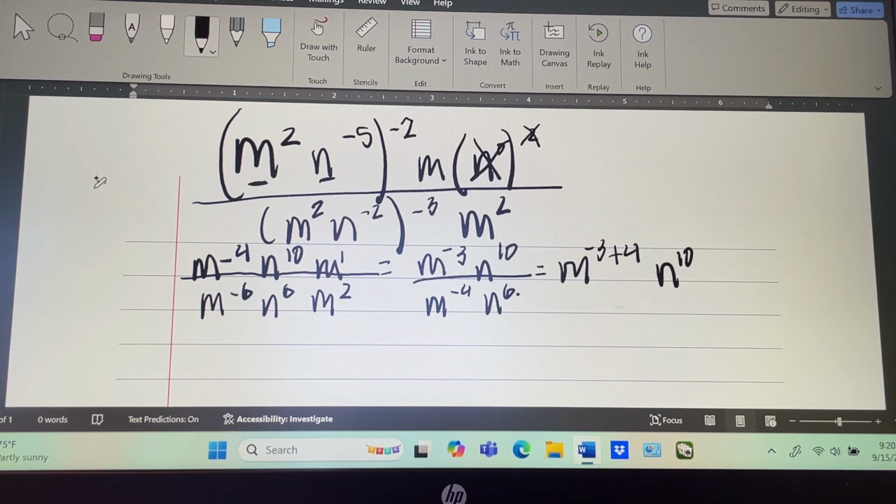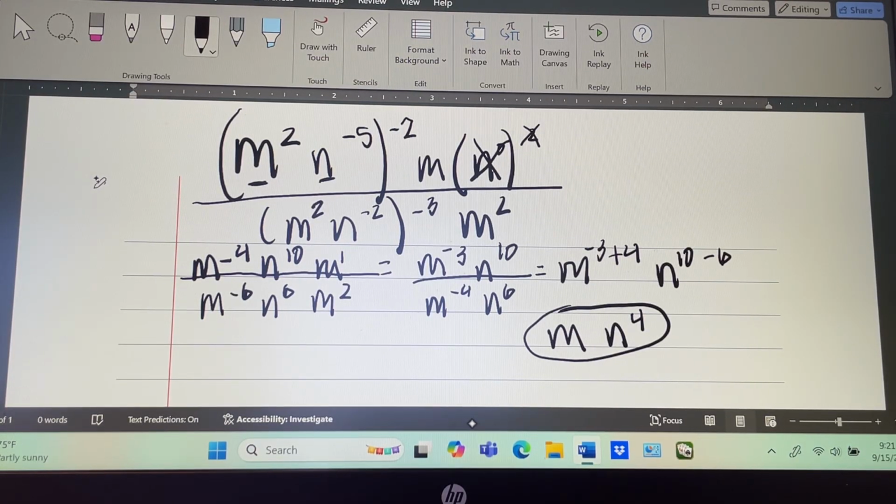We're going to bring this bottom n up, and the exponent changes to a negative. Now we're going to combine those by addition. Negative 3 plus 4 is m to the 1, n 10 minus 6 is n to the 4, and then you don't even need that 1, and this is the answer to our problem.